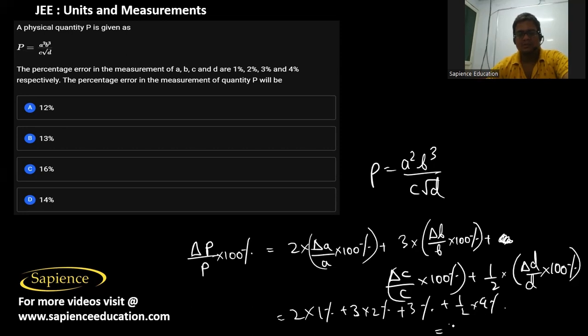So this will be equal to 2 plus 6 plus 3 plus 2, so this will be 4 plus 6, 10. This is 13%. So option B is the correct answer.